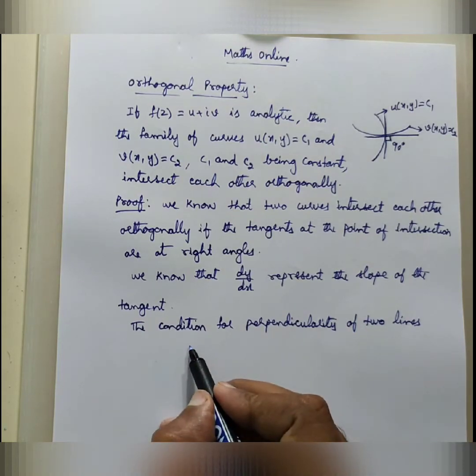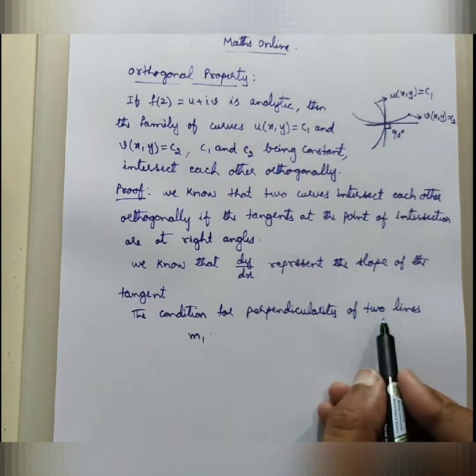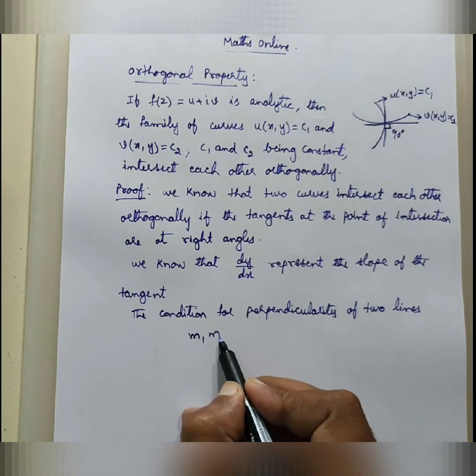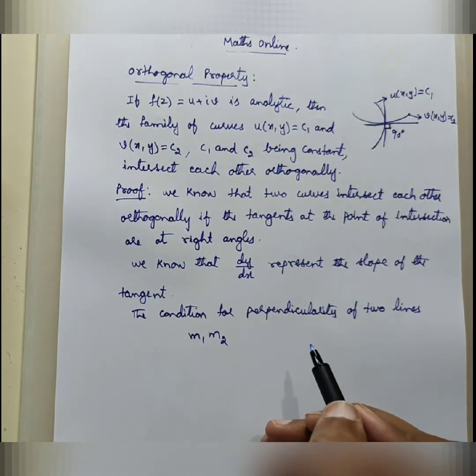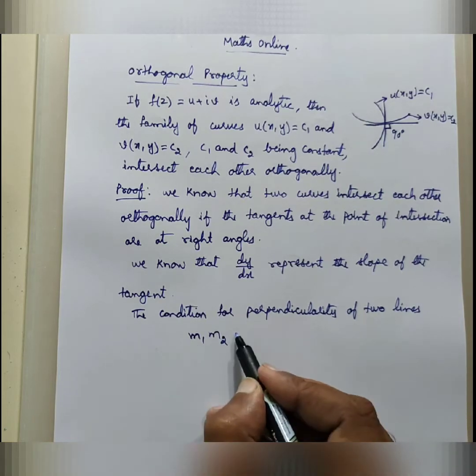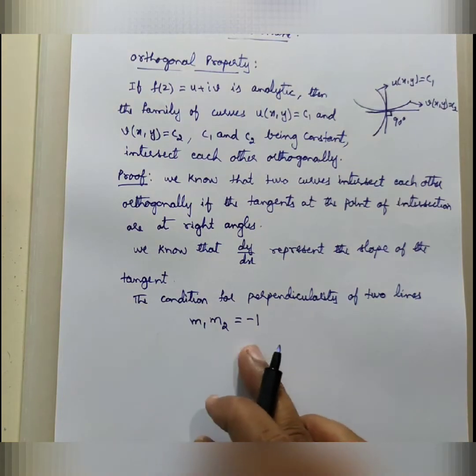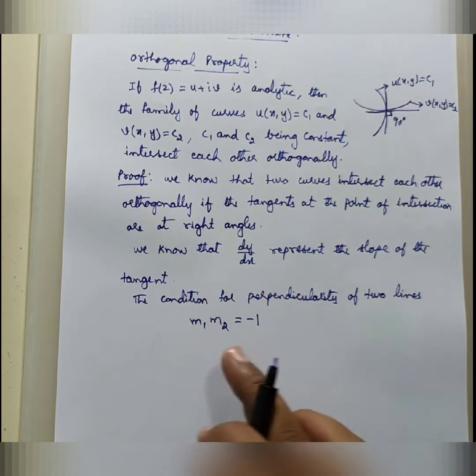Suppose I consider the slope of the first line to be m1 and the slope of the second line to be m2. We know that the product of the two slopes will be equal to minus 1. So this is the condition for the two lines to be perpendicular to each other.